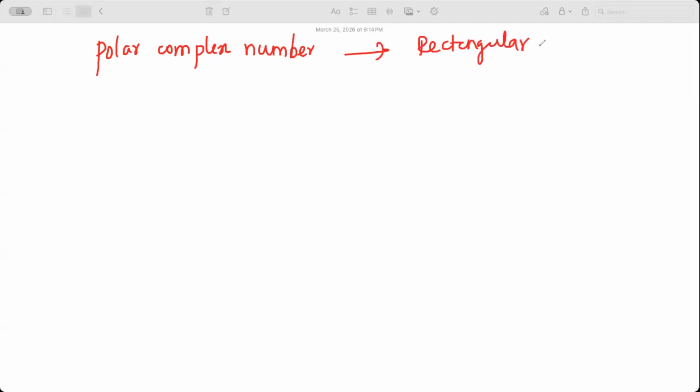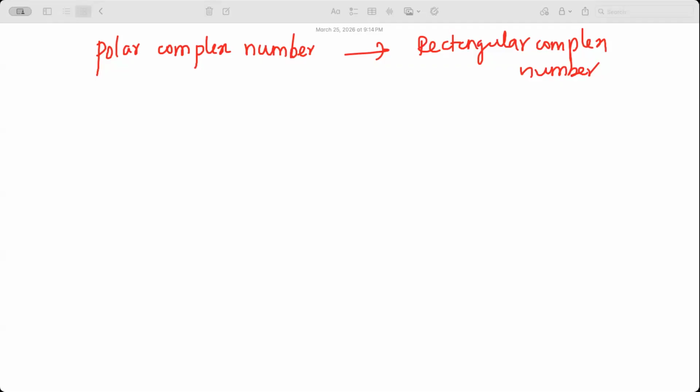Polar complex number to rectangular form, that will be the last one. So we'll see a polar complex number to a rectangular complex number. Let's try this one. This one is pretty easy, just the reverse, right?